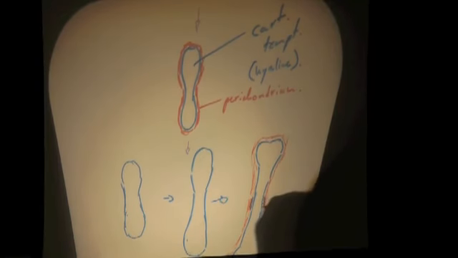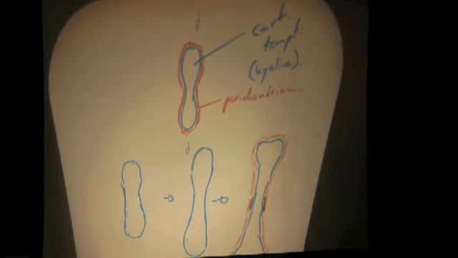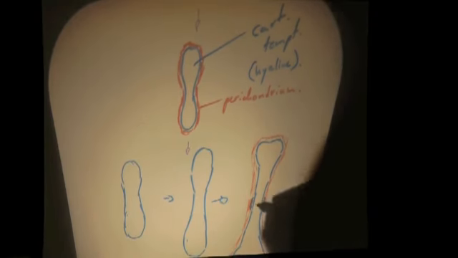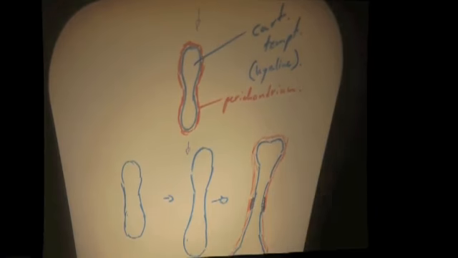Bone matrix. They're going to lay down osteoid, and they're going to start calcifying it. Okay, so we're starting to calcify the matrix around here. Why is that a problem? So let's say we're starting to calcify. Use a different marker.